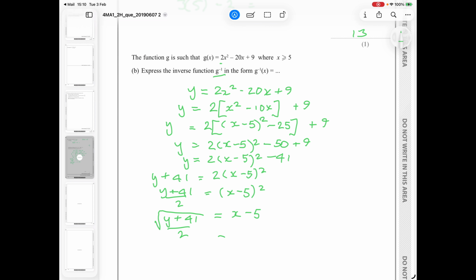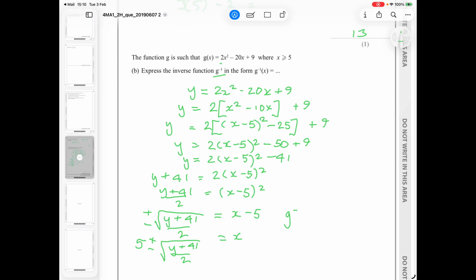When we did this, that would have been plus or minus √((y + 41)/2). So 5 ± √((y + 41)/2) = x. Now we're just going to swap this.